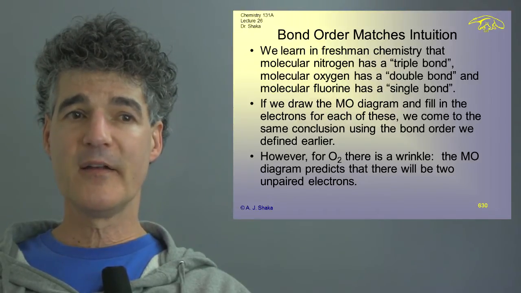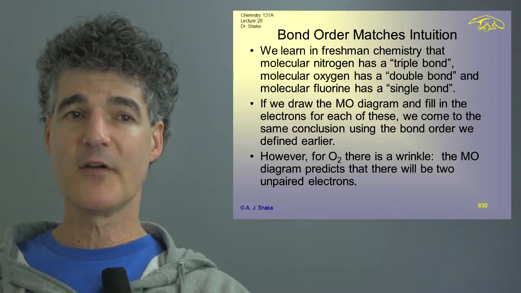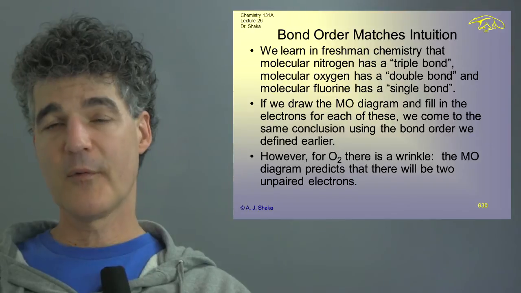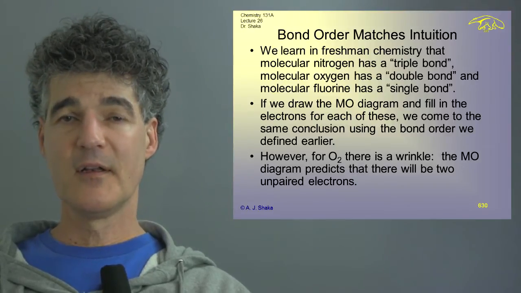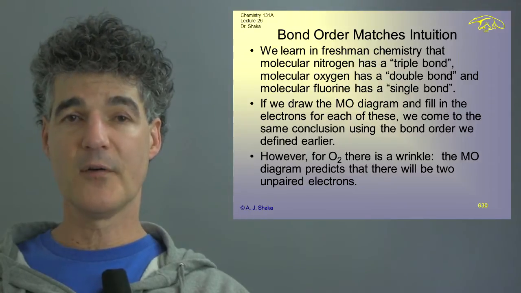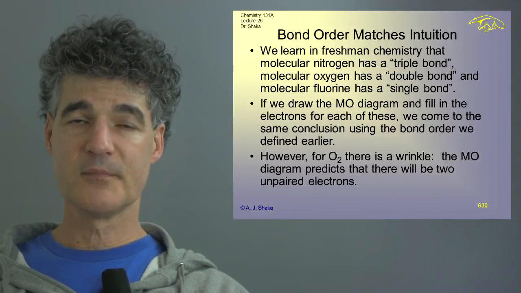So let's draw in the molecular orbital diagram and fill in the electrons, and let's come to some conclusion about whether we would expect a single, double, or triple bond based on the bond order. I mean, the bond order should agree with the simple Lewis predictions.